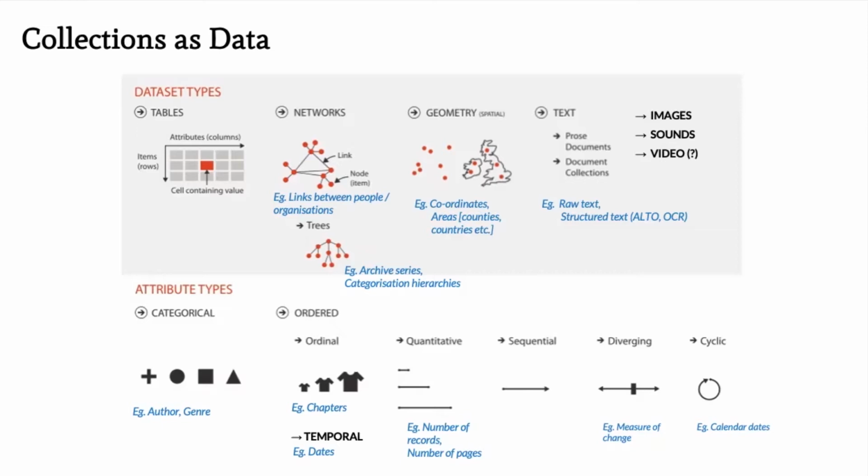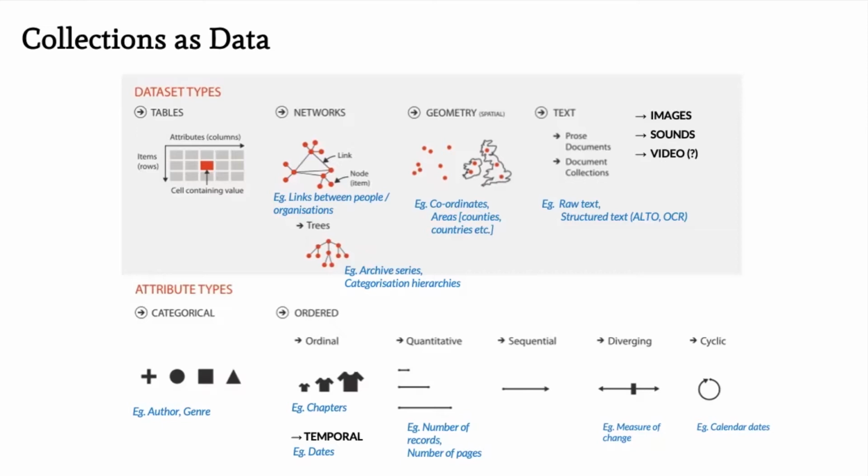So for example, we might have categories. An example of this might be different authors of books in our collection. But we also might have different kinds of ordered data. So, for example, the chapters in a book, chapter 1, 2, 3. There's an inherent order to those data points.